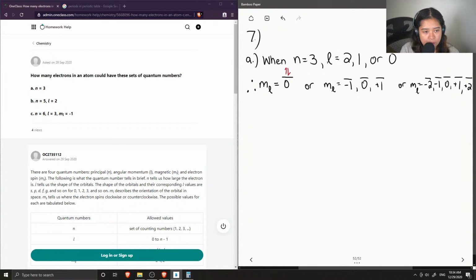So this is a full orbital with the 2 electrons pointing in either direction. And then let's fill up all of them and then count up how many electrons this is. This isn't how you fill it up, by the way, but I'll show that in the next example. But let's say all of the orbitals are filled, so the max number of electrons that you could get when n is equal to 3 is 18.